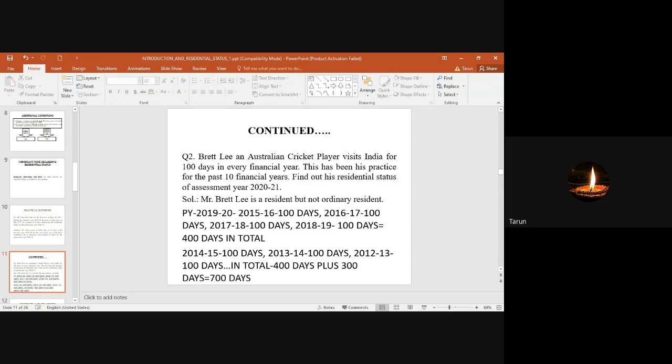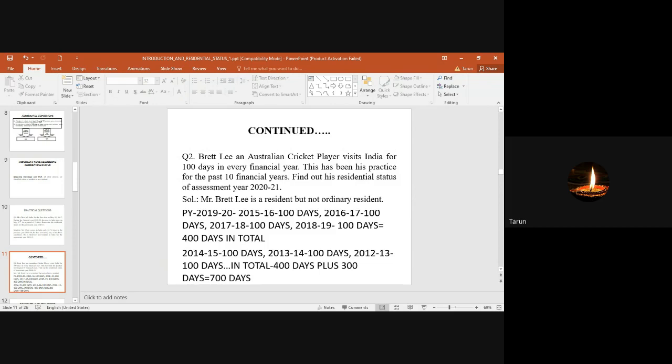So it is all about understanding assessment year and previous year. Assessment year is already given to you in every question, and the previous year you need to estimate from the question, and accordingly you have to estimate the number of days during the previous years, or we can say preceding previous years.